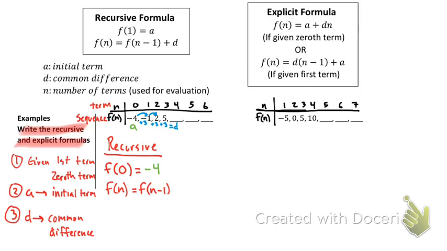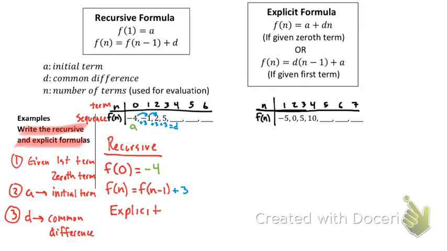So that means it's a +3. I plugged that in for d. Okay? Guys, these two formulas are our recursive rule formula.